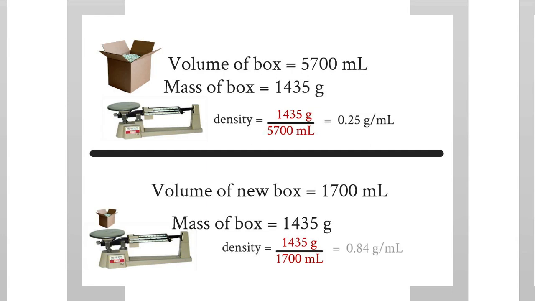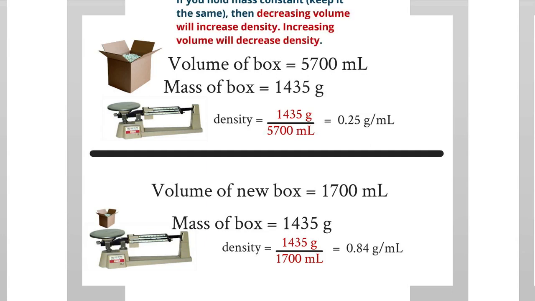And that will give us 0.84 grams per milliliter as the density, which is almost 3 times as much density as the previous example. So it tells us that if we hold mass constant, if we keep mass the same, then decreasing the volume will increase density. And by contrast, what if we were to increase the volume? Well, that would decrease density.